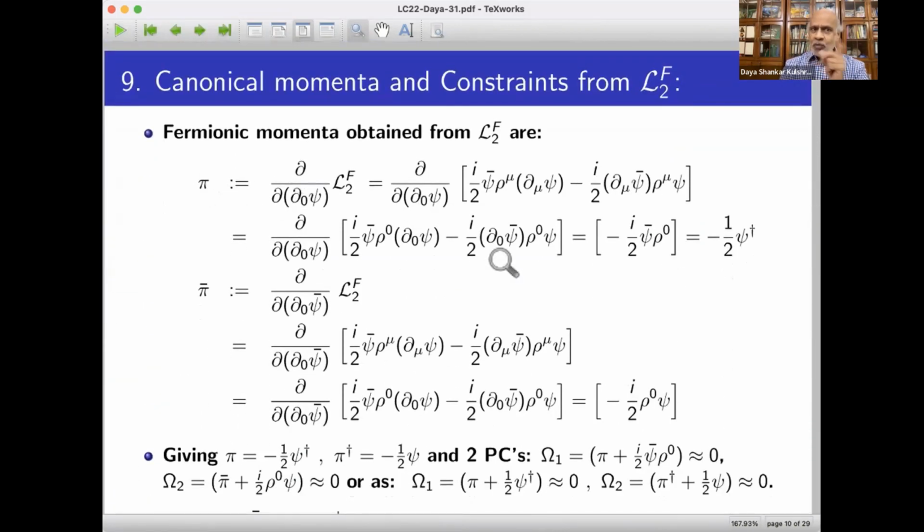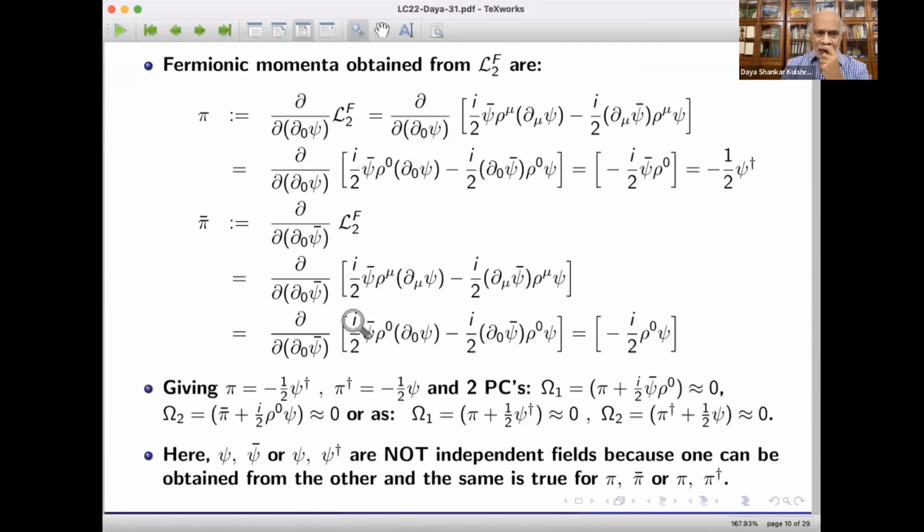And I have to do the same calculation with the second version of my Lagrangian density. And here I find the result: pi equal to minus 1/2 psi dagger. And pi bar is given by this, which would mean pi dagger equal to minus 1/2 psi.